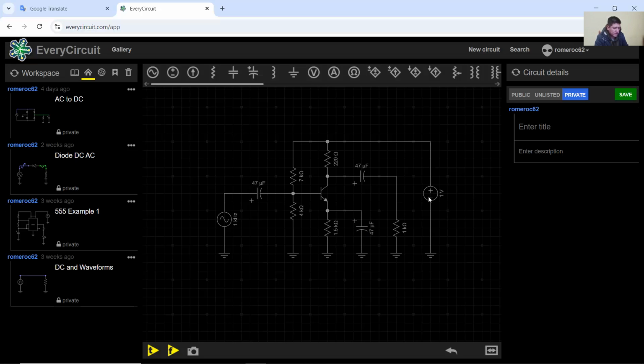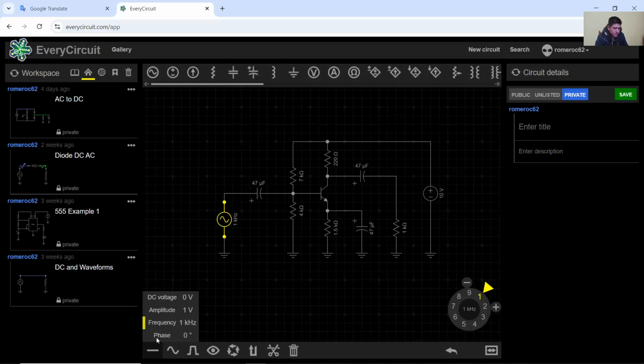Now modify the power supply to adjust to 10 volts. And modify the alternating current source, the signal that will be amplified.